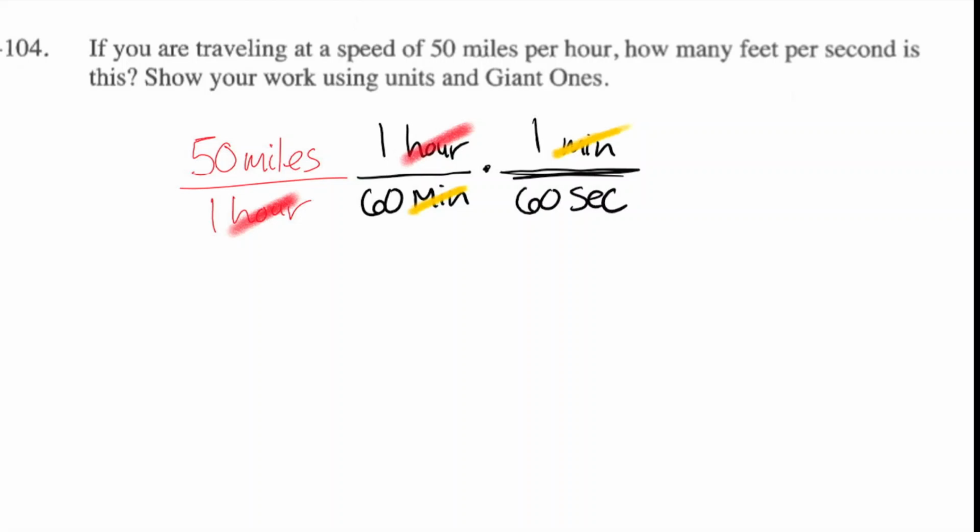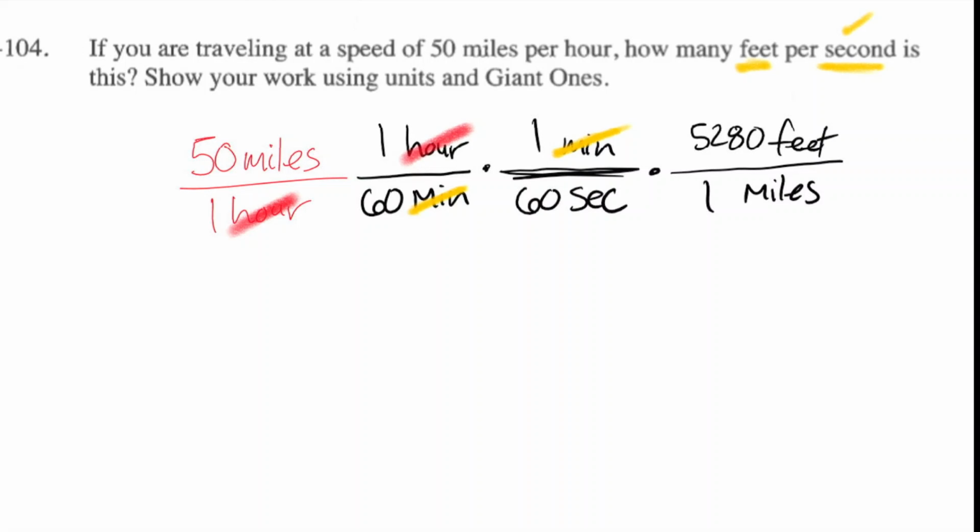Last thing I have to do is I have to leave miles because I want this measurement in feet per second. I definitely have the second part done, but I've got to get into feet. So I'm going to bring in one more giant 1, and I want my miles to go away. I just so happen to know, and we've talked about this in class, that 1 mile is the same as 5,280 feet.